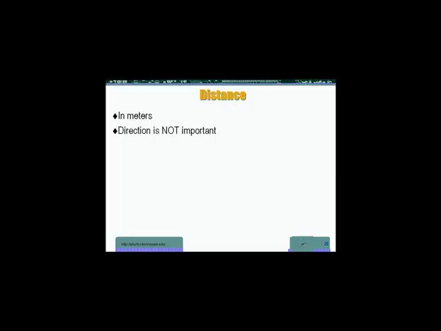For example, if I have a person, let's get the pen working again first. If I have a person starting here and moving along this path to arrive to this new position here. So this is position 1, this is position 2. The displacement would be the straight line path from position 1 to position 2.